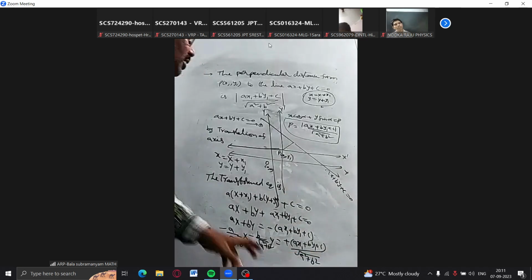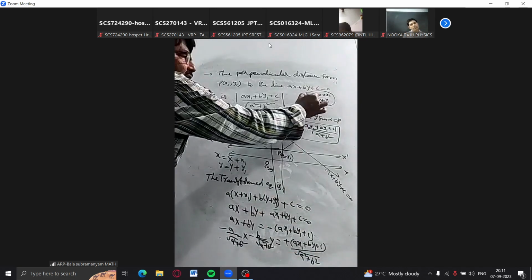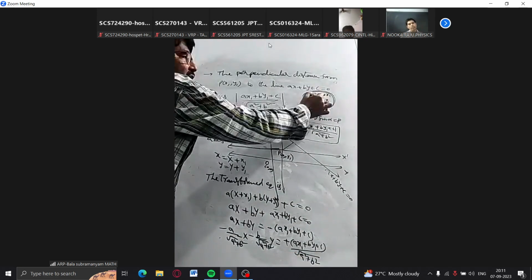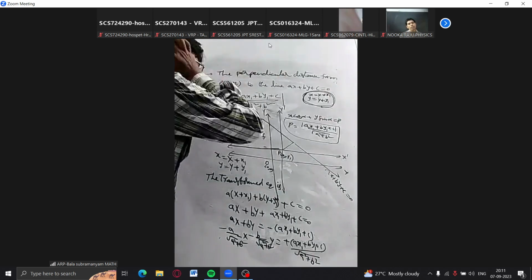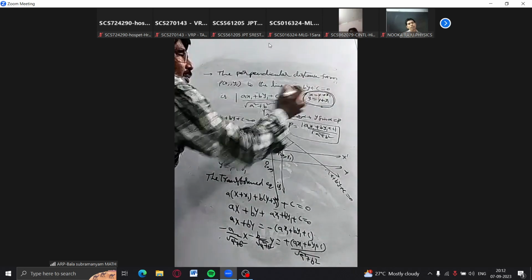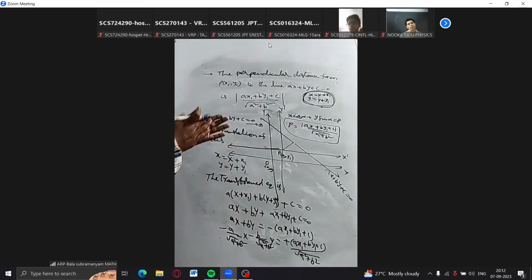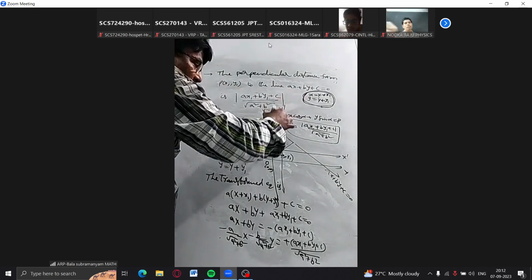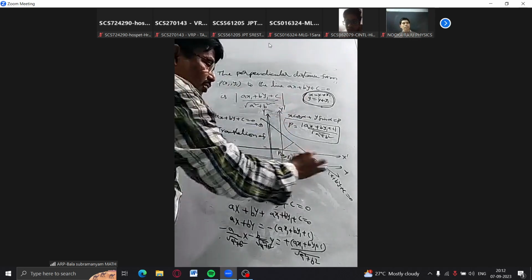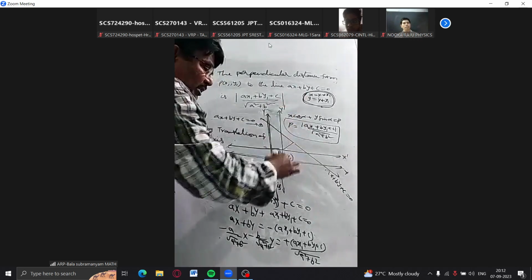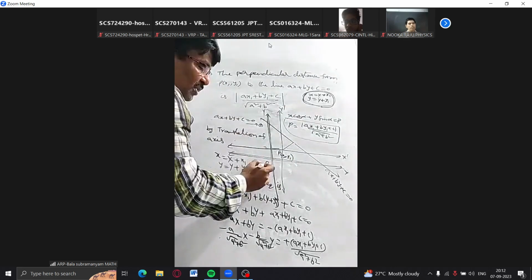Once again, by translation of axis, the formulas are small x = capital X + x1, small y = capital Y + y1. First of all, consider the coordinate system with x-axis and y-axis, that is the old system.